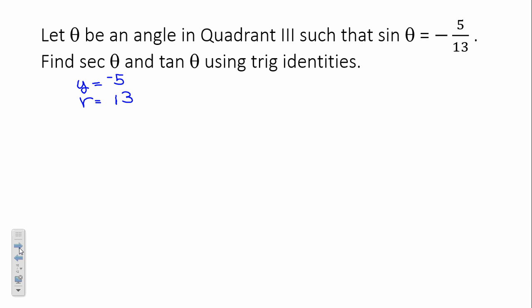So secant is 1 over the cosine, so that's going to be r over x. You could use the Pythagorean theorem. They want us to use the identities. But yes, you could use r equals the square root of x squared plus y squared.